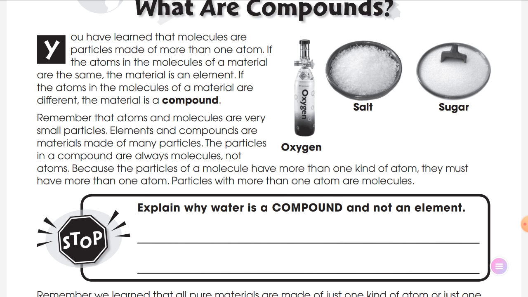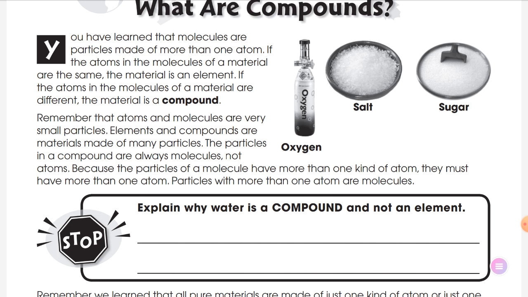Why is that a compound and not an element? Okay, why is a water molecule a compound and not an element? Finley? Because of H2O, 2 hydrogen and 1 oxygen. So why is that considered a compound and not an element? Because hydrogen and oxygen are elements.